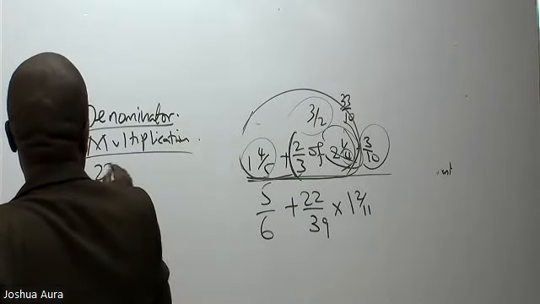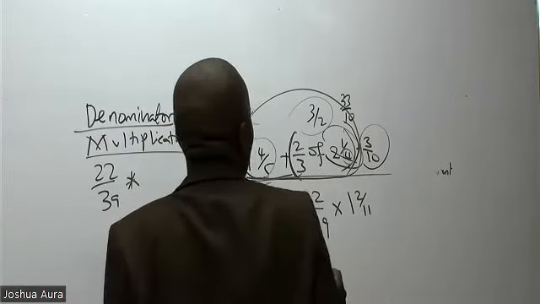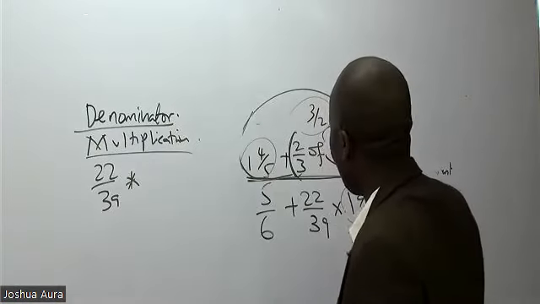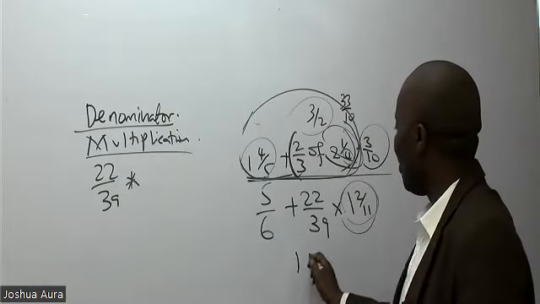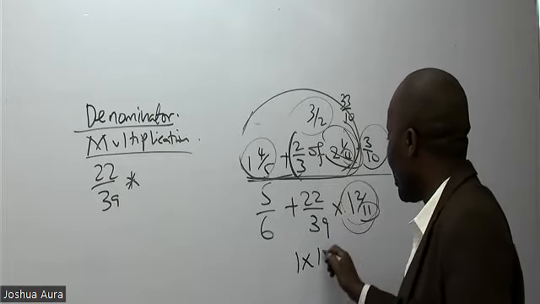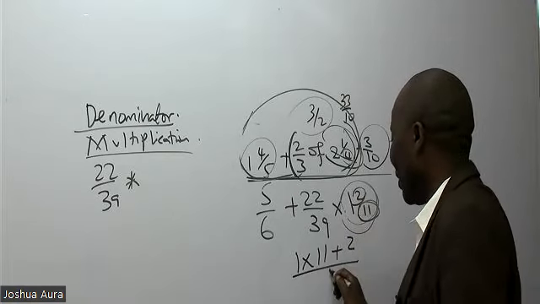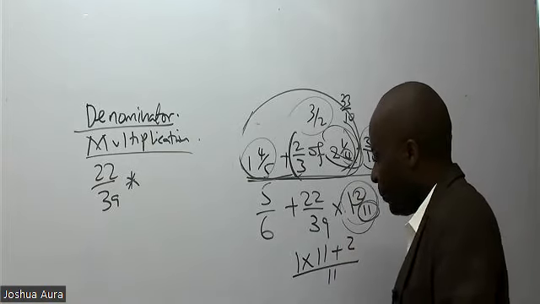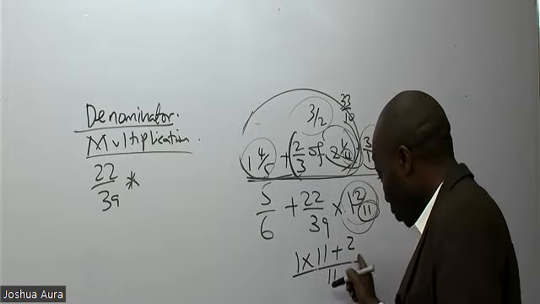So multiplication is 22 over 39 times, but now this needs some adjustment. I need to change this to an improper fraction. So improper fraction will be 1 times 11 plus the numerator, and then everything divided by the denominator. So this one will be 11 plus 2, that is 13.